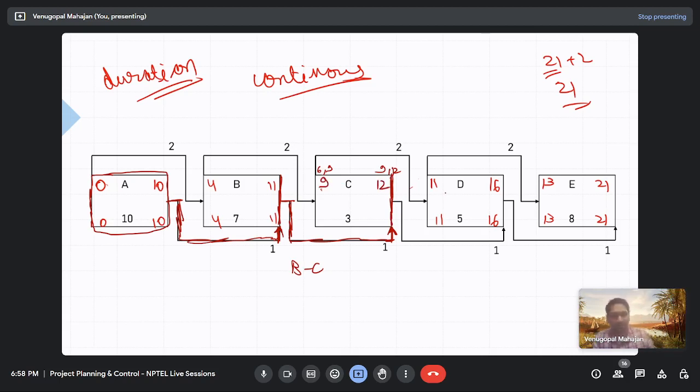From B to C, finish to finish is critical, and from C to D, start to start is critical. So how did you actually reach this start? By going through activity C, but in reverse direction.